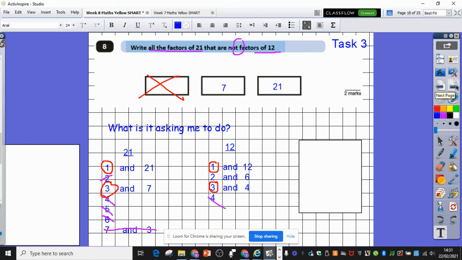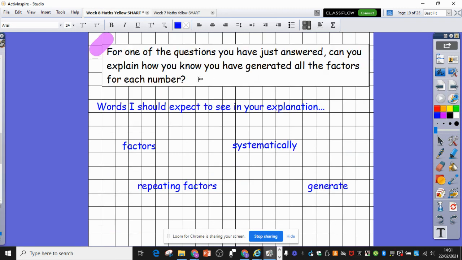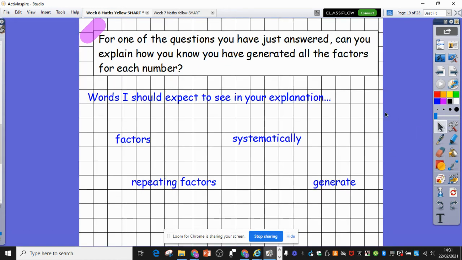Once you've done task 1, some of task 2 and task 3, your think pink is for one of the questions you have just answered. Can you please explain how you know you have generated all the factors?